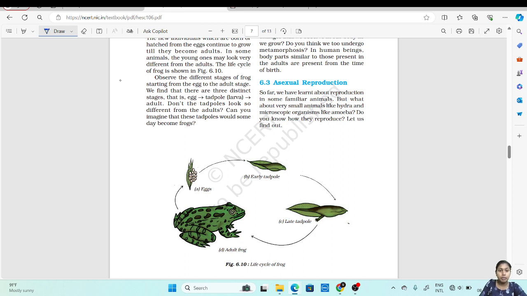So from the egg to the adult stage, we find that there are three distinct stages. One is the egg, then the tadpole or the larva, and then the adult. This is the egg, this is the tadpole or the larva stage. Both of these are the tadpole or the larva stage.